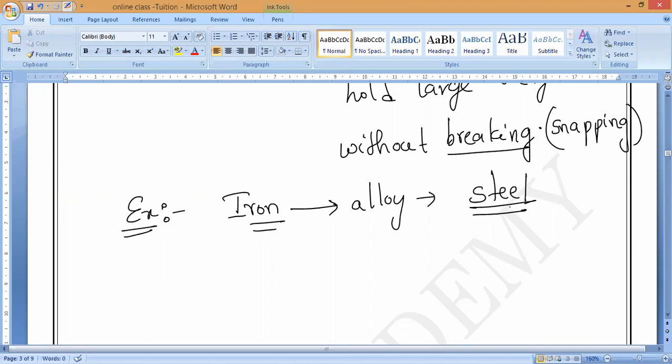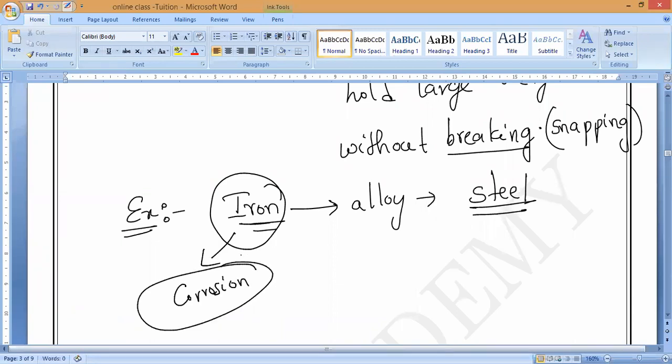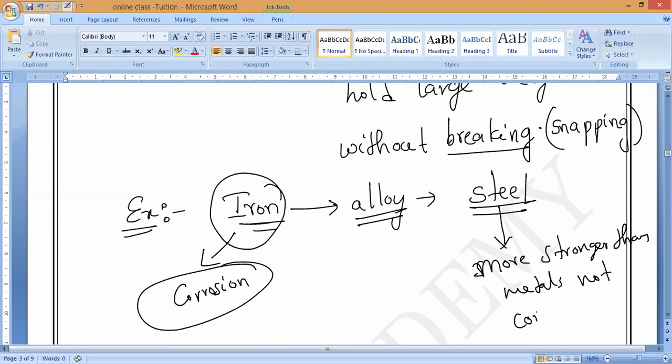Why can't we use iron directly, sir? Iron corrodes in nature. It is very strong, but it has corrosion. Yes or no, guys? But if we make it in the form of alloys, the strength is much more than iron, and it is not corroded.